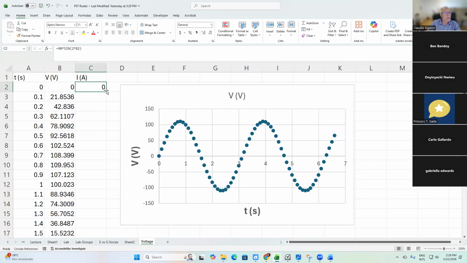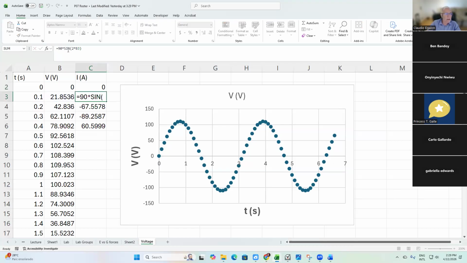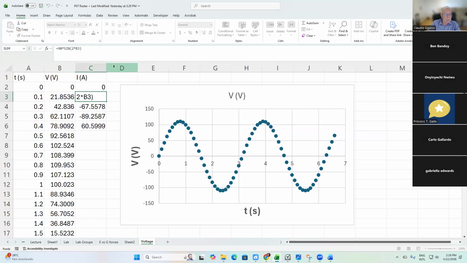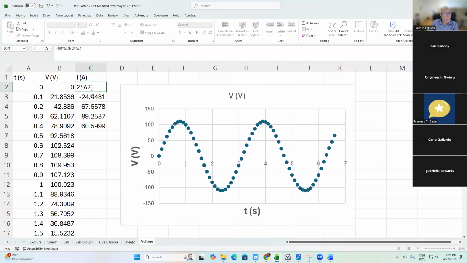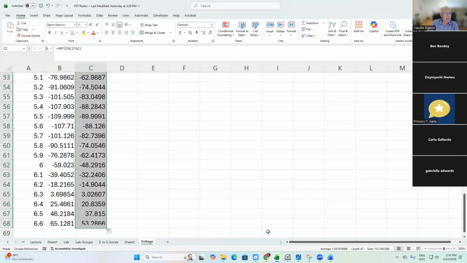By the way, 90 amperes is a lot. But, oh, what happened here? Ah, that's why. Supposed to be the other. Here you go. And then when I plot this other graph, they're going to be in phase.